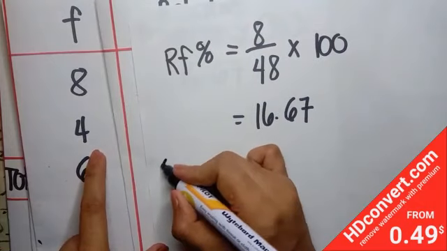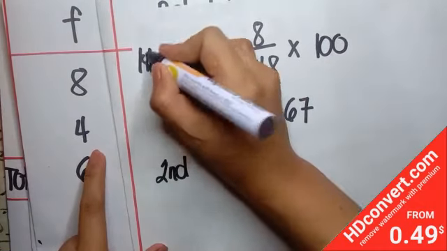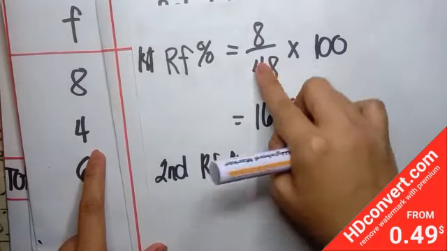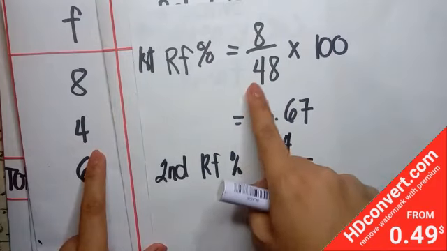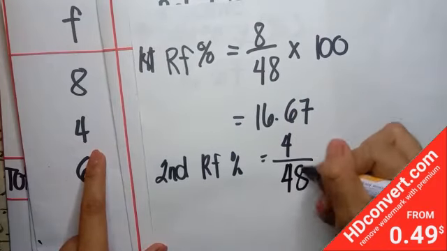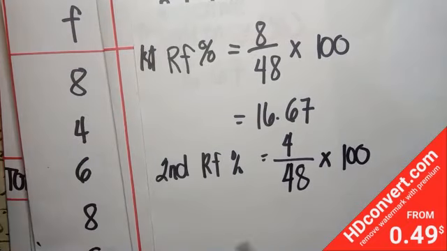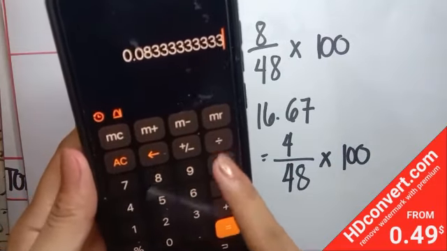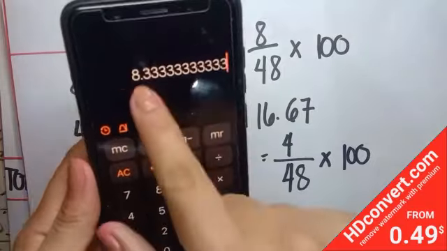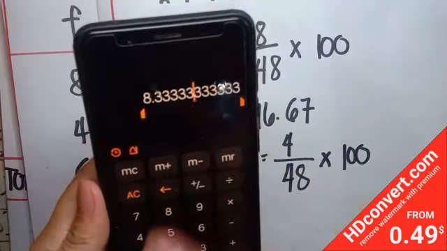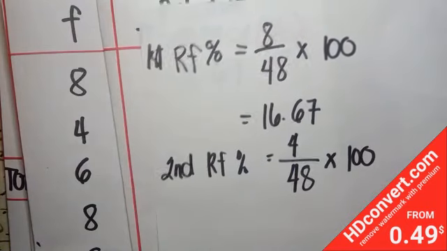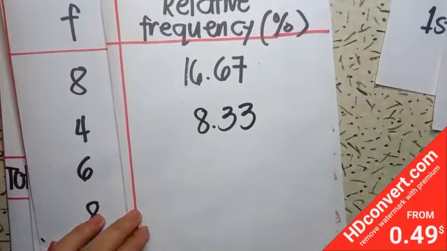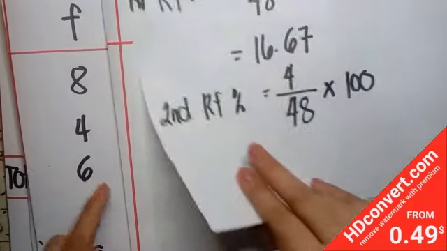So, for the second, RF percent is equal to 4 over our N, which is 48, times 100. So, we have 4 divided by 48 times 100, which is 8.33. So, we will just use 8.33. Next is the 6.